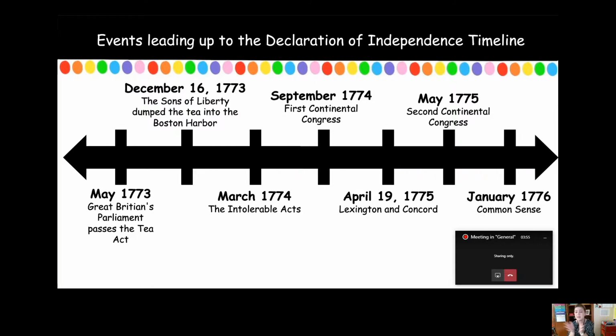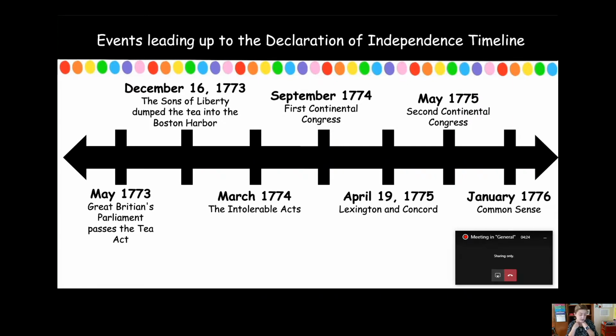Now, this is when this timeline starts to come into play because in May, on this very first one, in May of 1773, Great Britain's Parliament passes the Tea Act. Now, this was when Great Britain realized that all their taxations that they had previously done to gain more money to help with the war debt was just not working because the colonists were very angry.